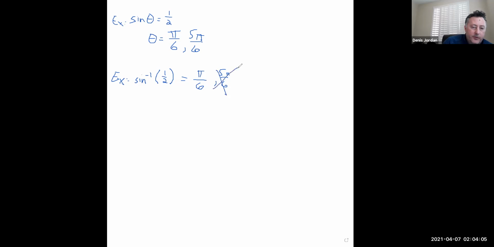Inverse trig functions only have a single answer. And why is that? Because of the range. So the range for inverse sine, do you remember what it is?